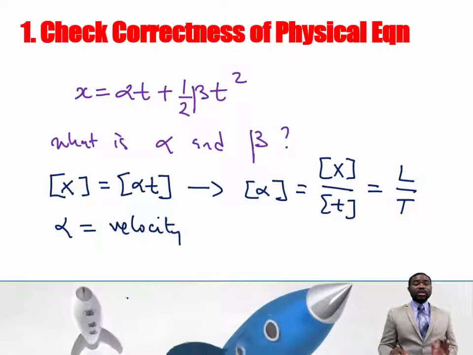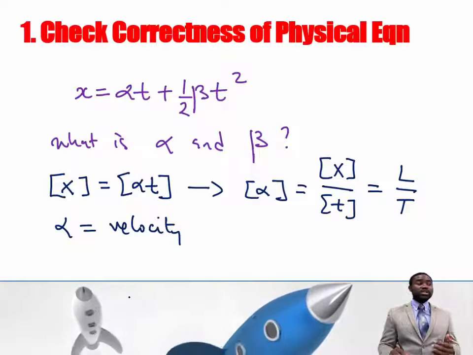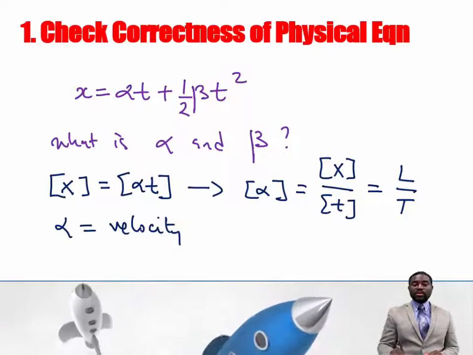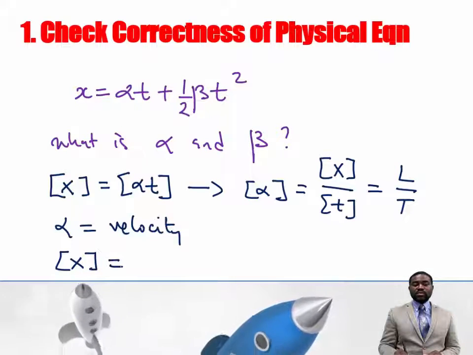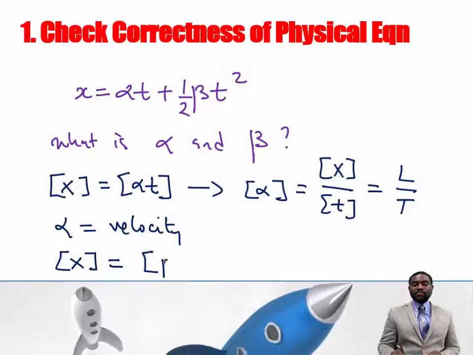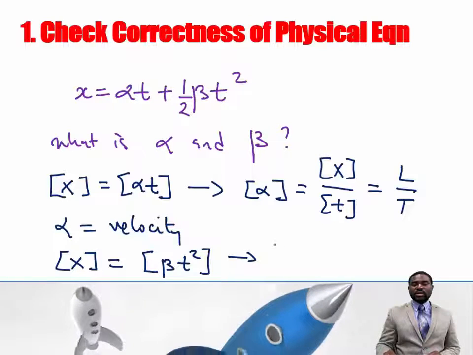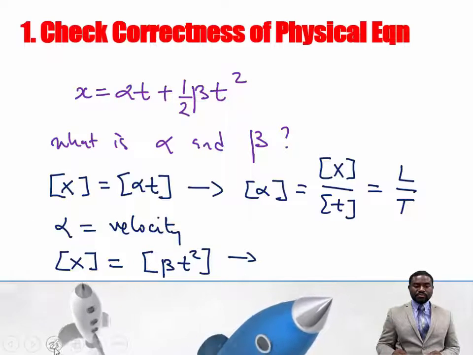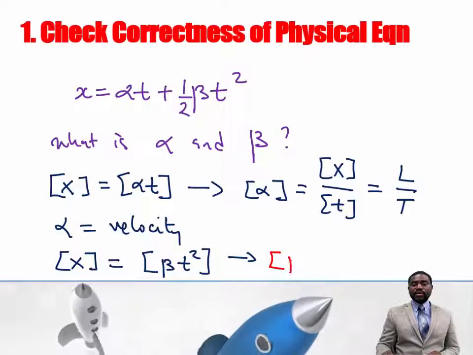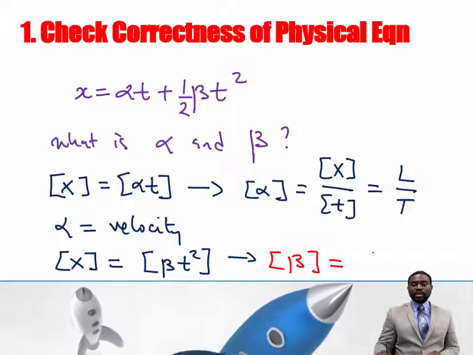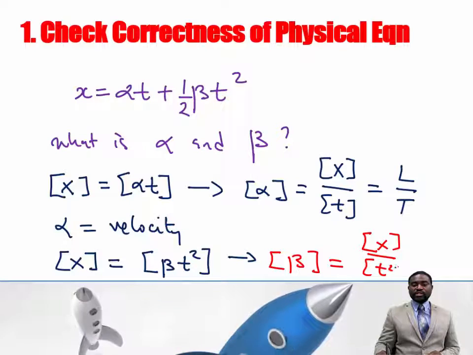The dimensions will help you to identify a given physical quantity in a situation where you would otherwise not know. Now let's look at beta. The dimensions of x is equal to the dimensions of beta t squared, which means that the dimensions of beta is equal to the dimensions of x divided by the dimensions of t squared.